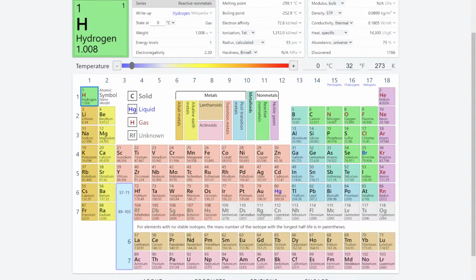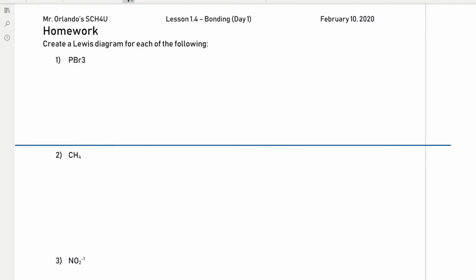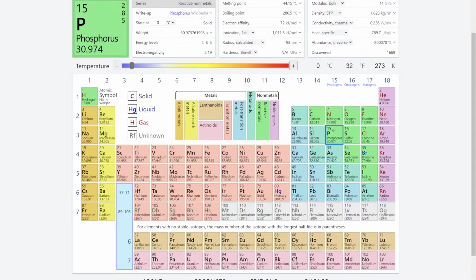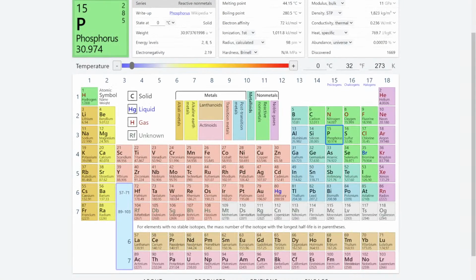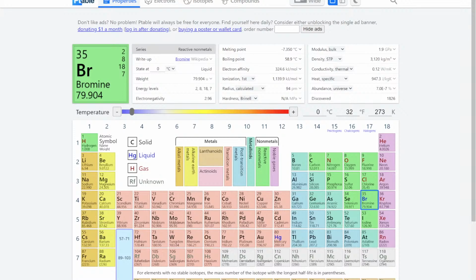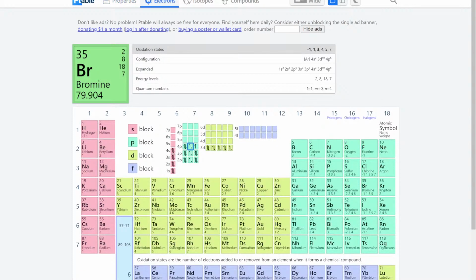So if we look at phosphorus, phosphorus has 1, 2, 3, 4, 5, 6. Is that true? Now I want to double check. I'm tired. 5. 1, 2, 3, 4, 5 electrons in its valence shell. And 3 bromines, well, each bromine, in terms of its s and p orbitals, in terms of its electrons, has 7, right?